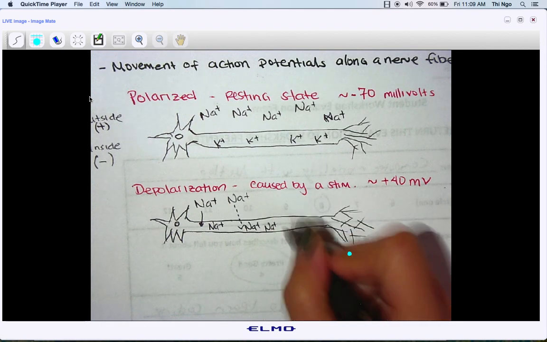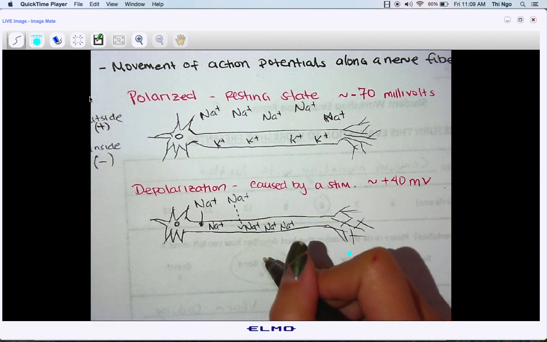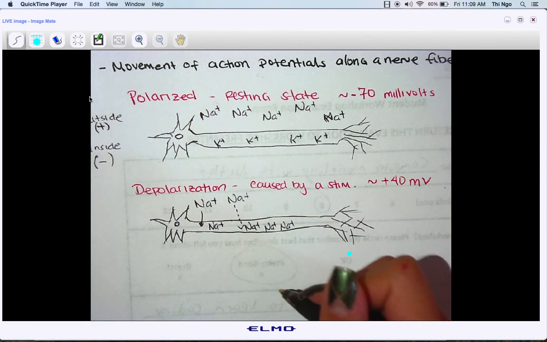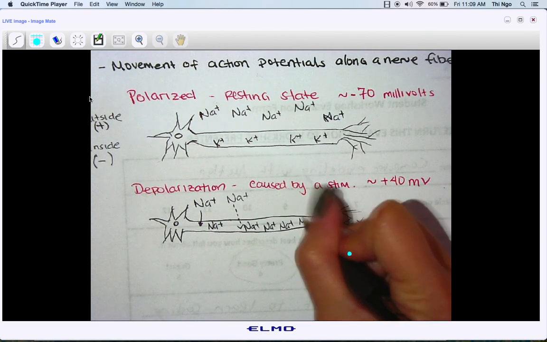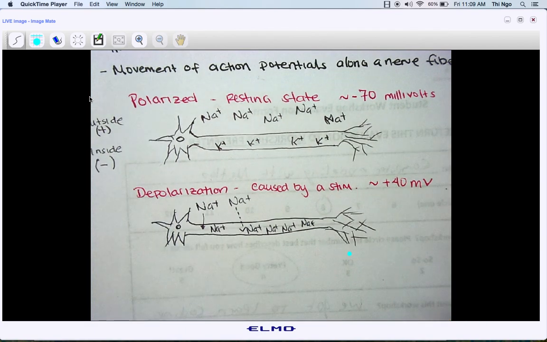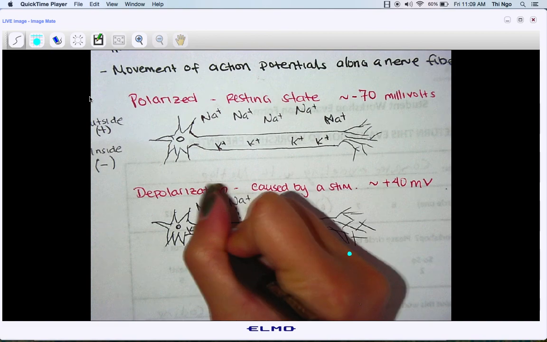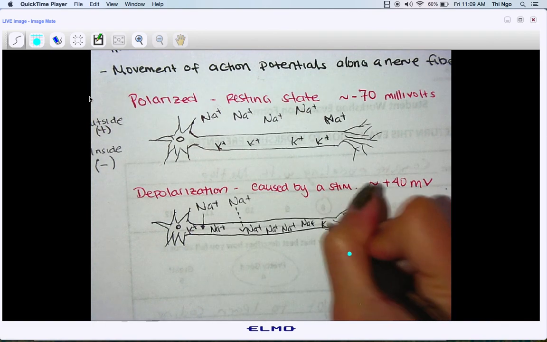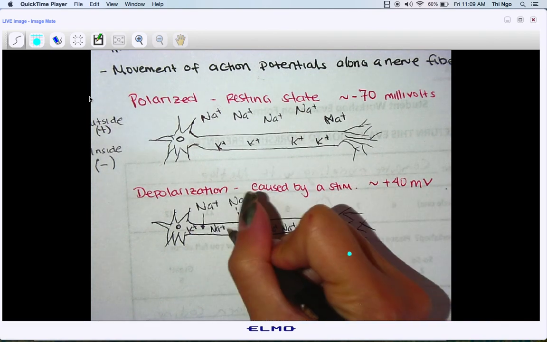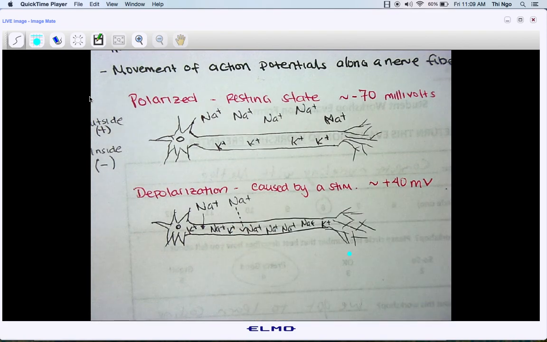Then the next channel will open and even more sodium comes in. So it just keeps adding on. It's like a cascade effect or a domino effect. As more and more sodium comes in, remember you still have potassium in here. The potassium are just like, whoa, getting a little crowded. A little claustrophobic in here. So all your sodium is flowing in.